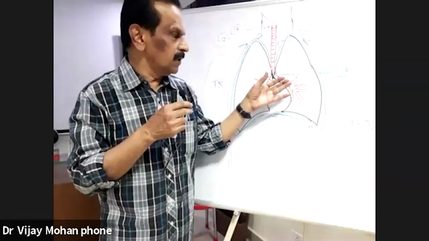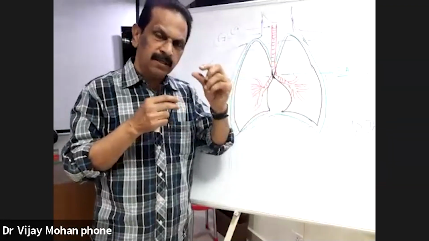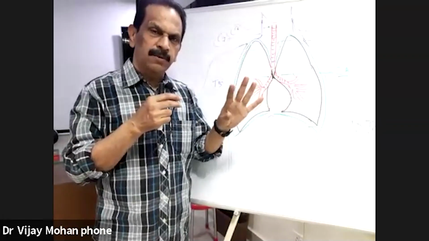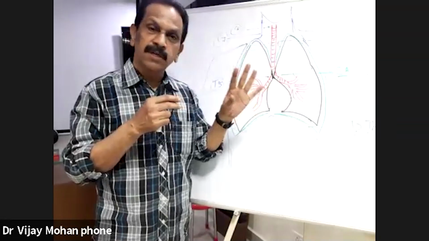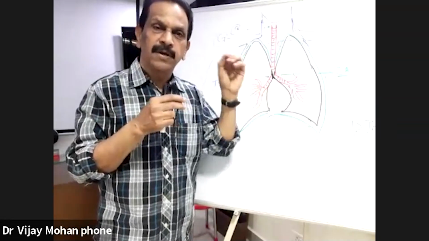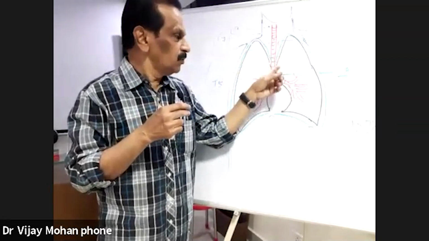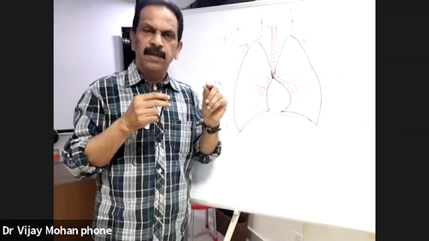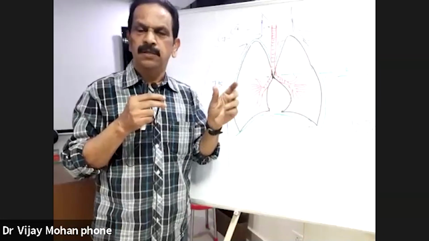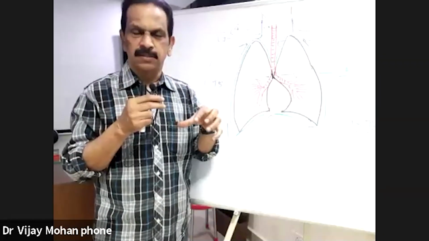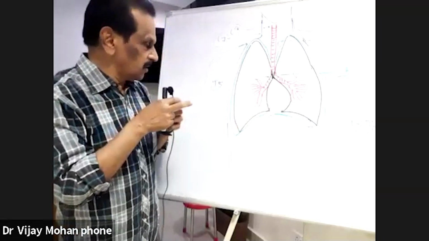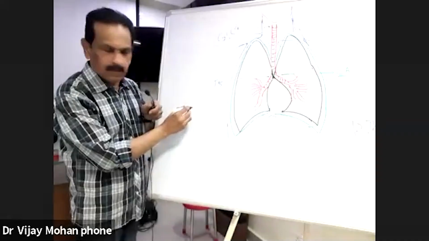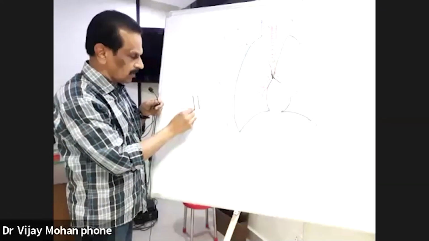As they are dividing, the caliber becomes small. They divide about 35 times in about 5 to 6 generations until it reaches the alveoli. Can you see this? Can you see here? Yes, last one is your alveoli.